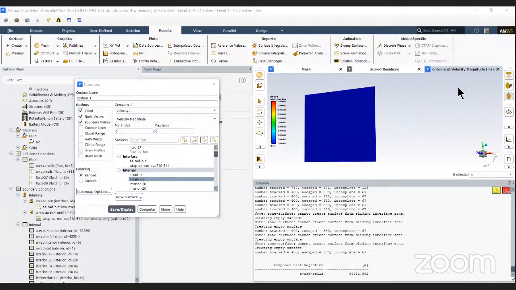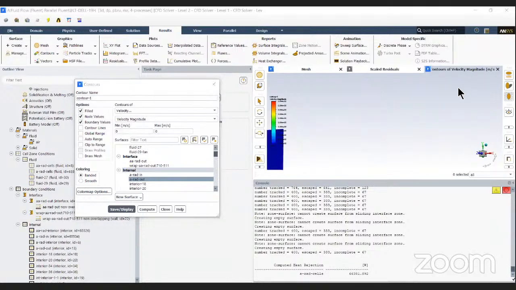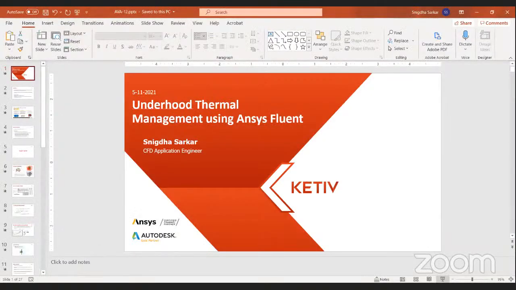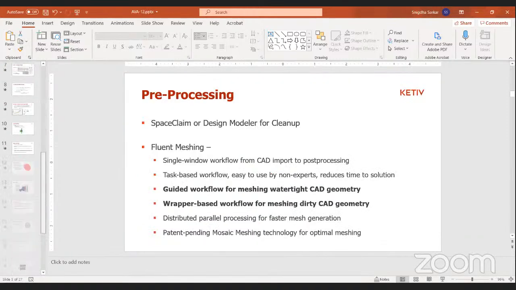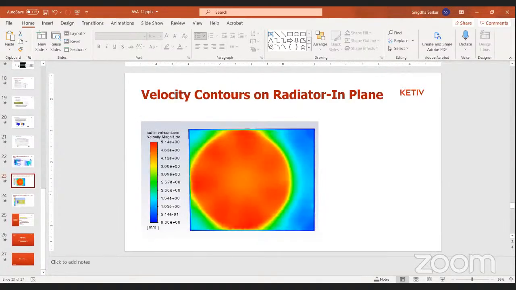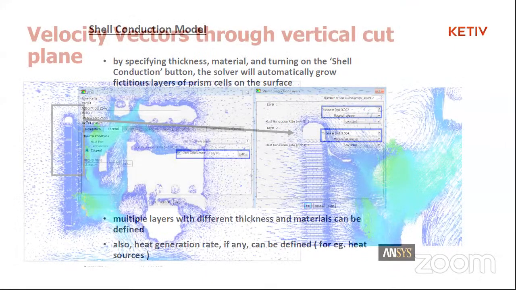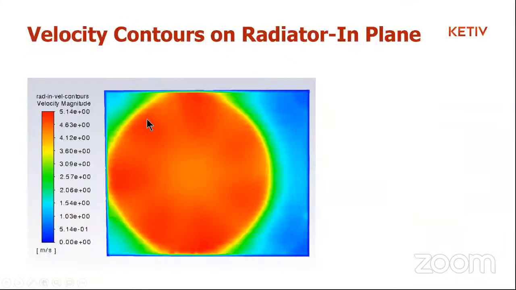Okay, let's see. For example, if you wanted to see, where's my mouse button? For example, if you wanted to see the velocity contours on the radiator in plane, right?